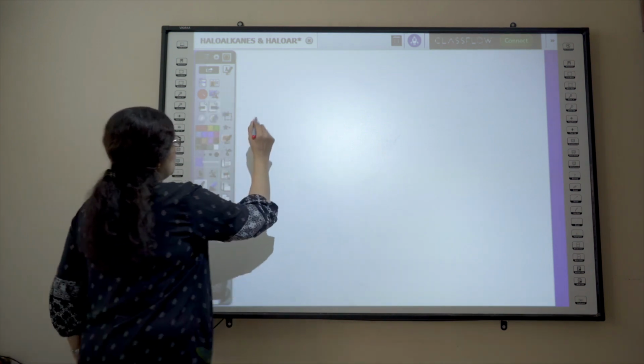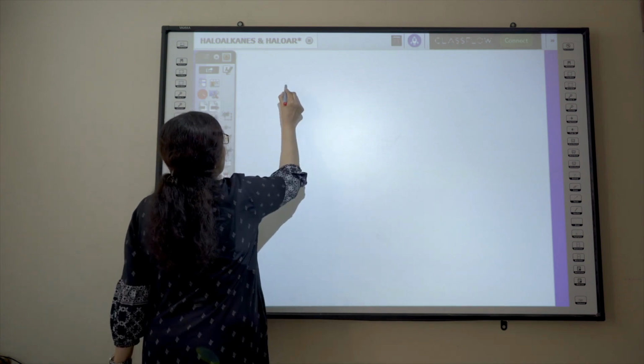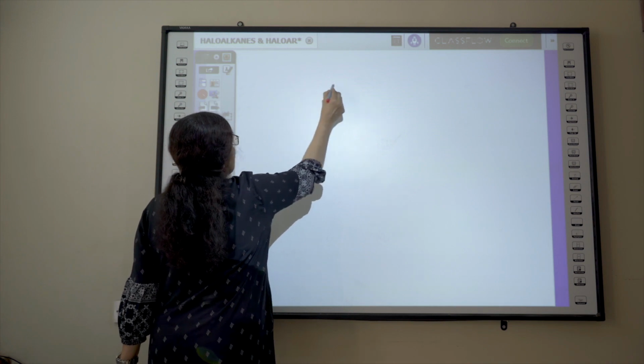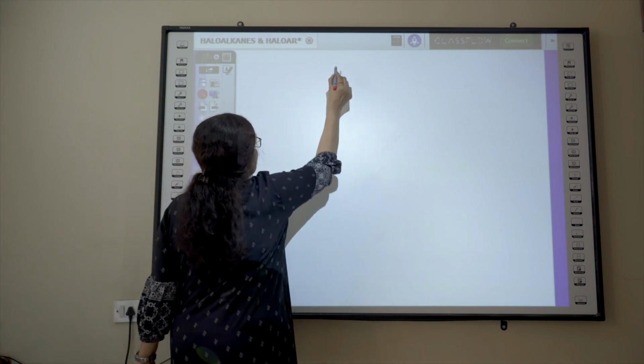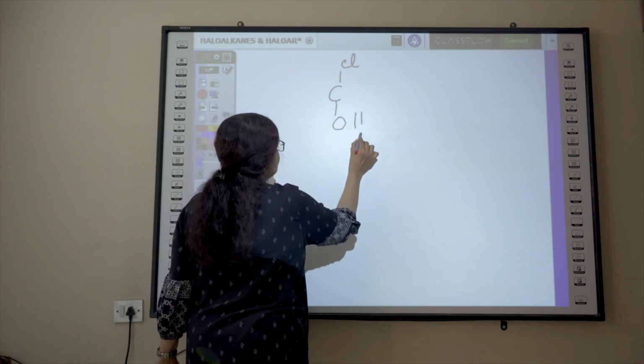Alright, suppose you have the structure, say, let me take the chiral carbon here, let me fix one as chlorine, let this be an OH.